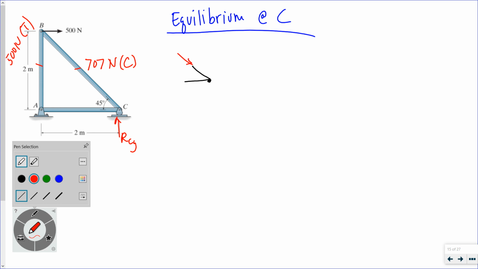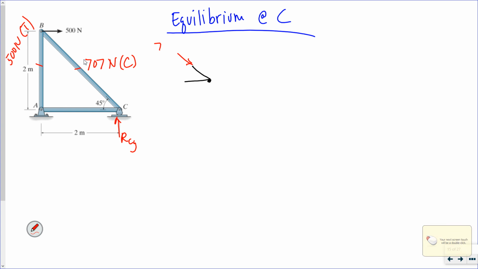It's compression, so I have 707 newtons compression coming from member BC. I don't know what's going on with AB or with AC, so I'm just going to assume it's tension. And I'm going to assume that my reaction is up.